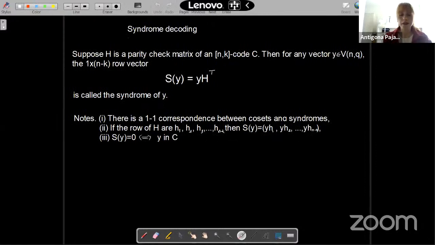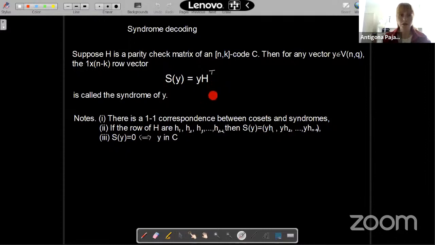Earlier, for the decoding scheme, we just needed the generator matrix and the cosets. Here, I'm going to present something called syndrome decoding. Suppose that H is a parity check matrix of a linear code C. Then for any vector y in our vector space, S of y equal to y times H transpose is called the syndrome of y.